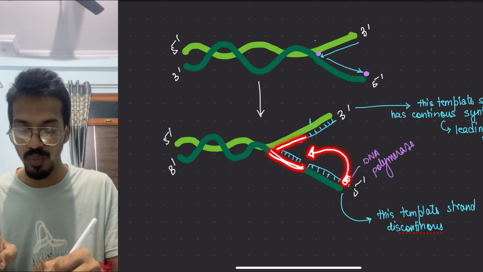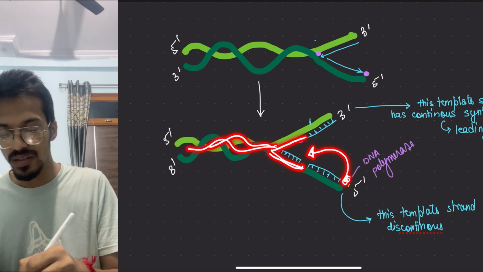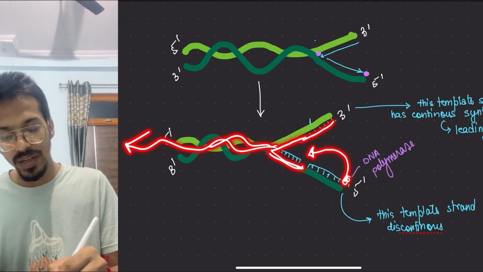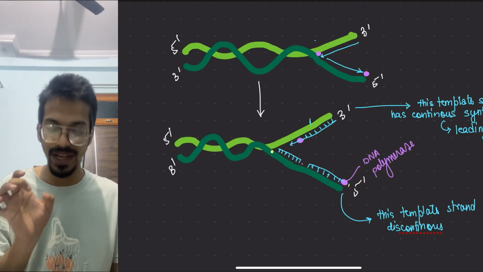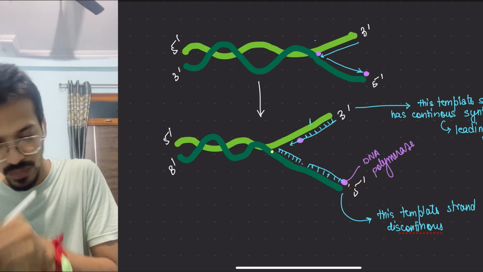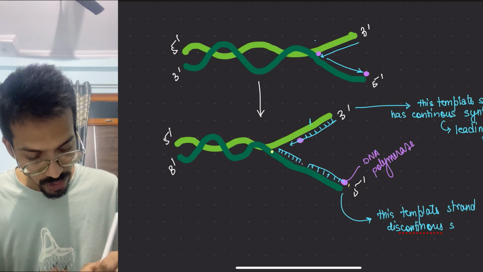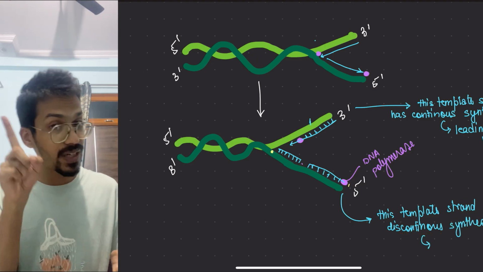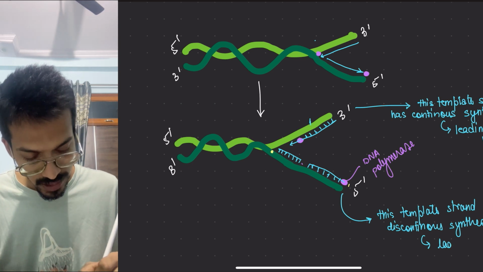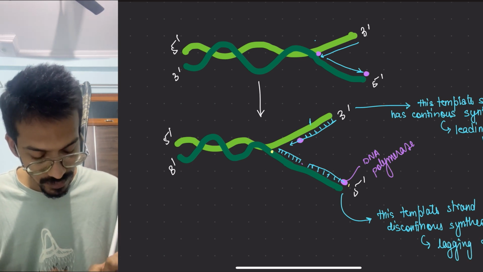Here it keeps moving and keeps opening. This lighter green complementary strand keeps moving, but here it won't be able to do that. It will make fragments. So it has discontinuous synthesis. Hence this template strand is called the lagging strand.